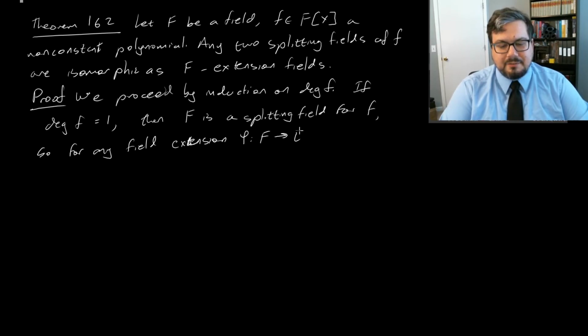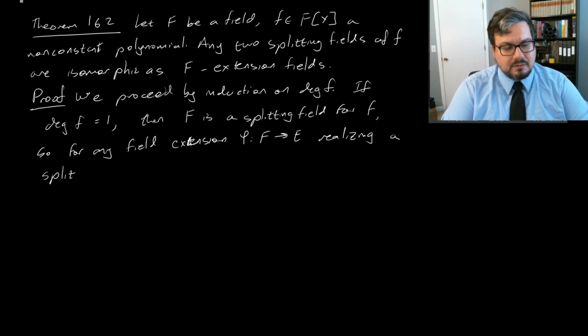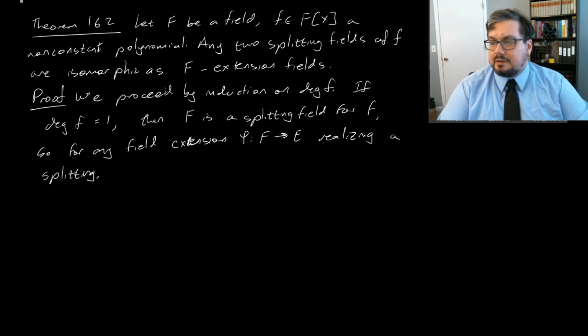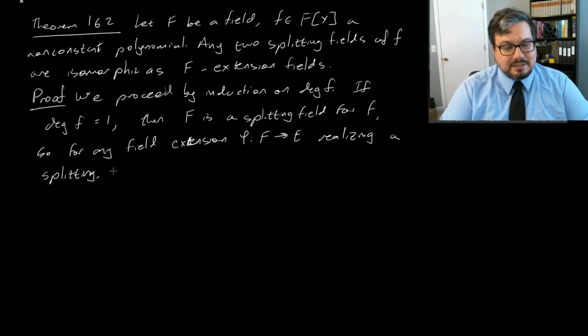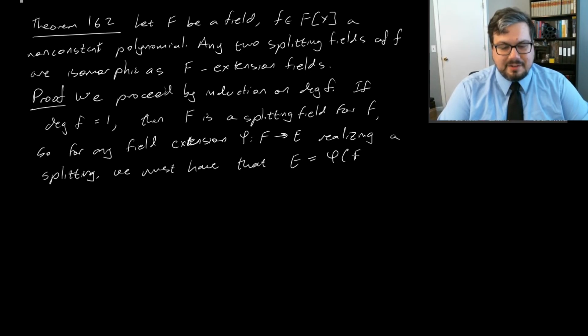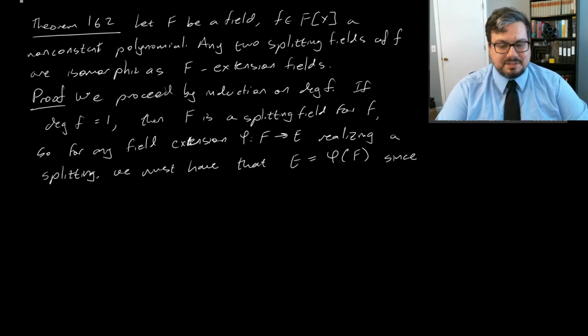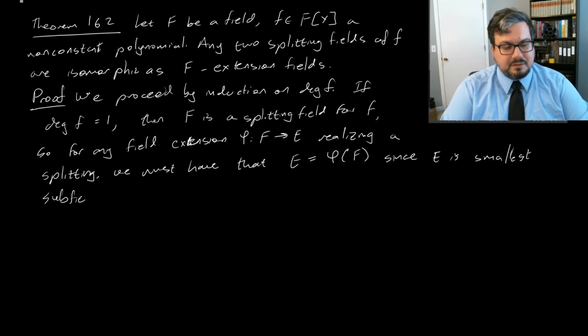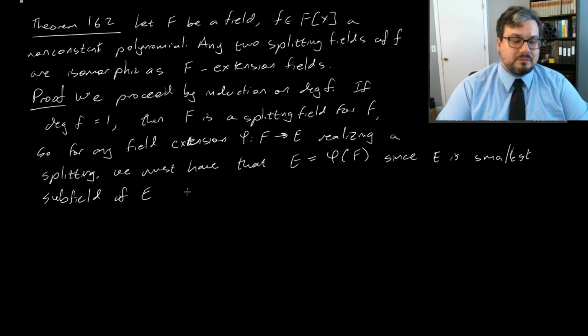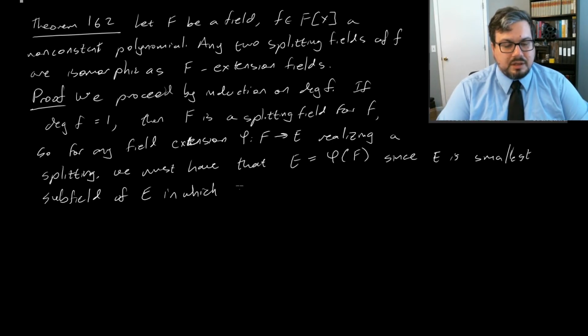phi from F to E, realizing a splitting, we must have that E equals phi of F, since E is the smallest subfield of itself in which phi of f splits.